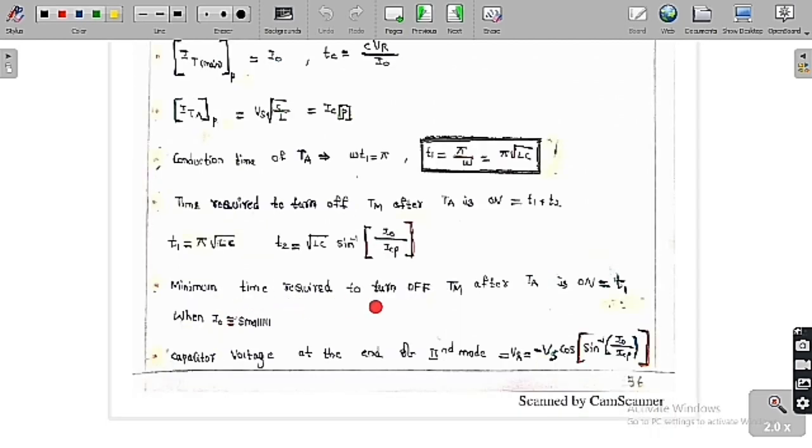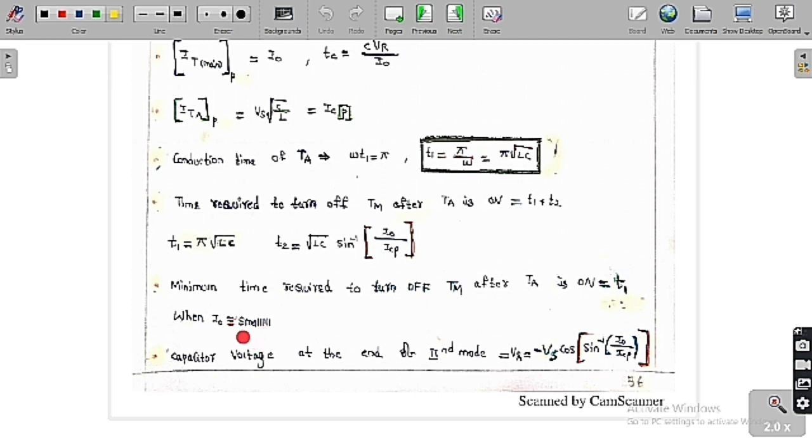The minimum time required to turn off TM after TA is on: suppose I assume that I naught is small. If the value of I naught decreases, then definitely the mode 2 operation time also decreases.